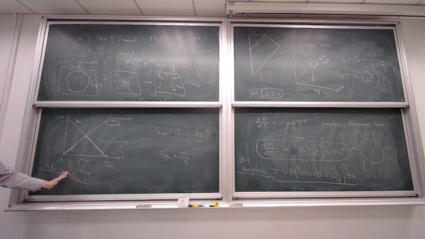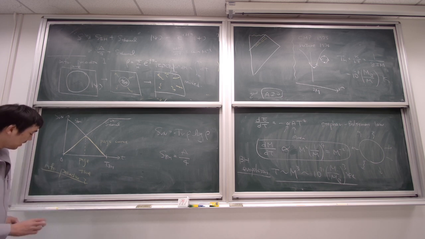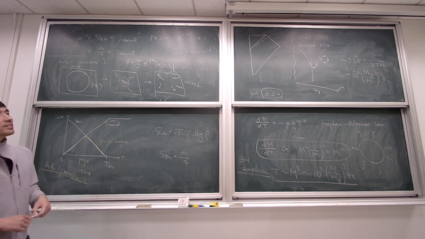For information paradox 2, big progress has been made in the last 10 years. Some people might have heard of the island formula and so on. It starts from Liu and Takayanagi, roughly speaking.